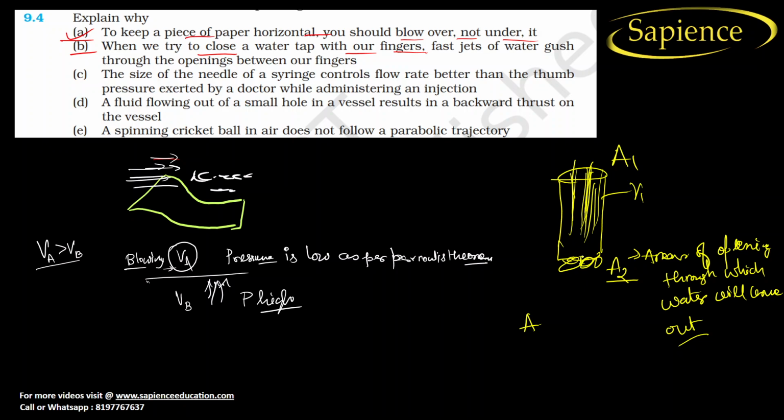When we obstruct it with a thumb or fingers, the area will decrease, that is, a2 is less than a1.